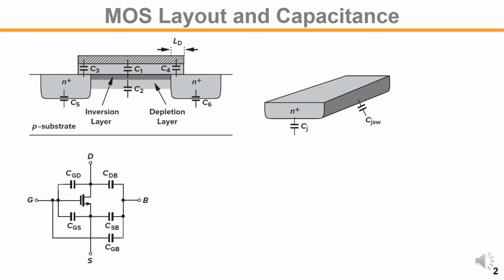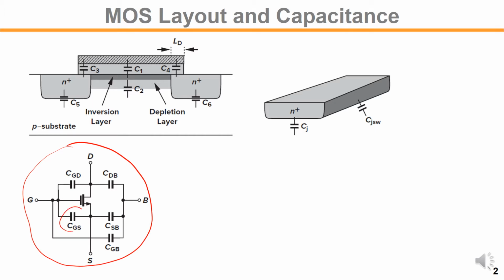So once we identified all the capacitance in the physical layout, we can model that in our MOS symbol. So they're almost everywhere. Every terminal pair has a parasitic capacitance, as you can see. What would be the dominant one?